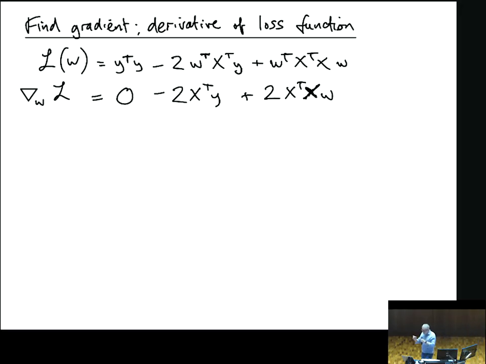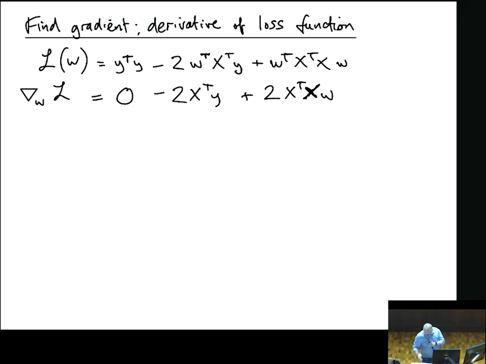Now, I want to convince you that this derivative is the same as the normal equation solution, the exact solution that we found in week 1. Well, I didn't actually derive it in week 1. I did it for the univariate scalar case.